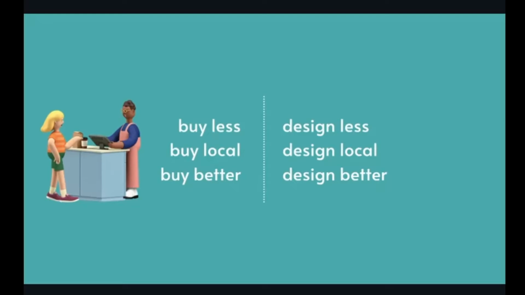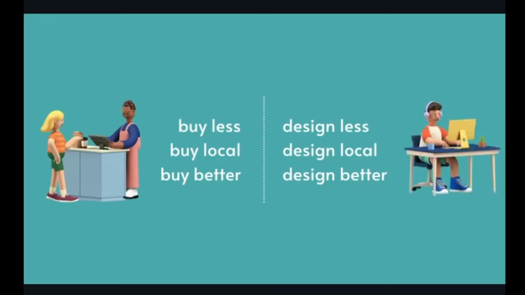And I don't think that the whole responsibility of the damage that we have done to the planet and the improvement we could bring to the planet should be on the consumers. On the other hand, this second sentence talks about the designer and her or his responsibility to actually design stuff that is better, that is local, and maybe design less stuff.